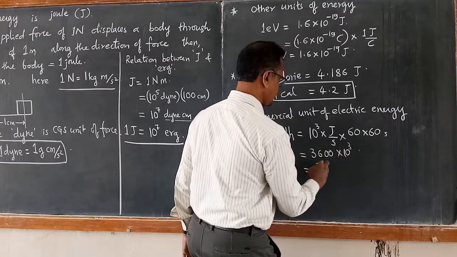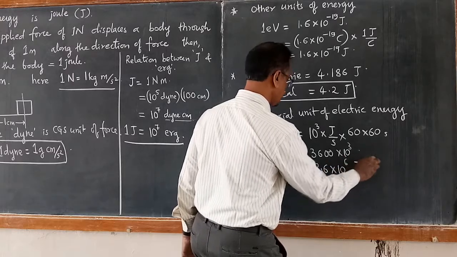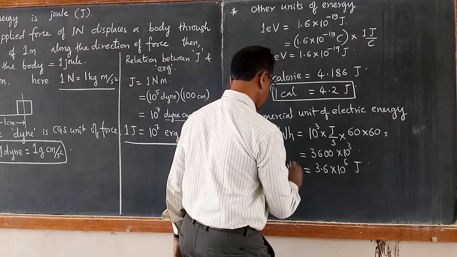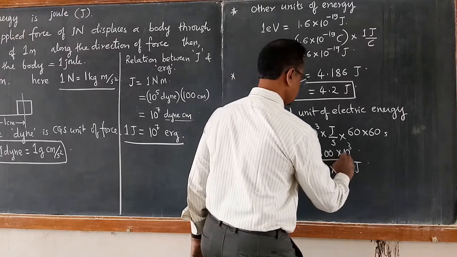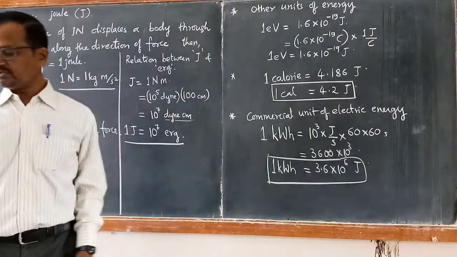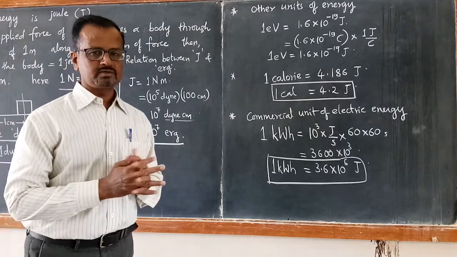So thus we can write it as 3.6 into 10 raised to 6 joules is 1 kilowatt hour. This is how we use it as the commercial unit of electric energy. These are some other units of energies that we come across while we study this topic.